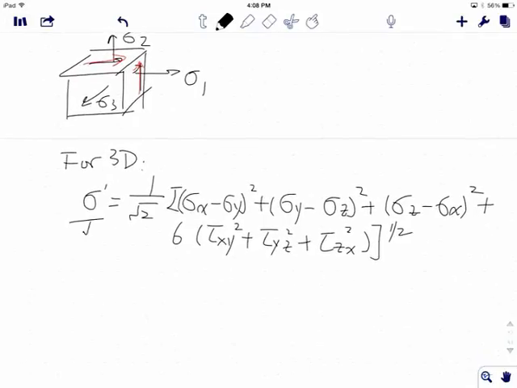So when I use sigma prime, it means I'm calculating the von Mises stress. All right.